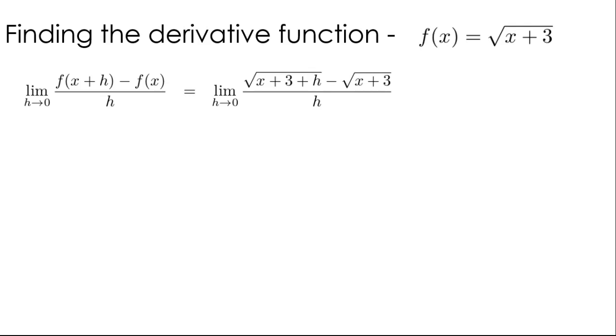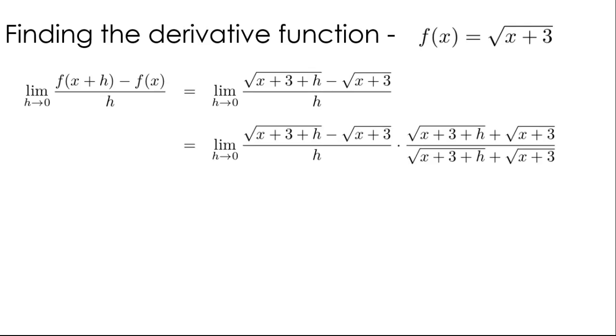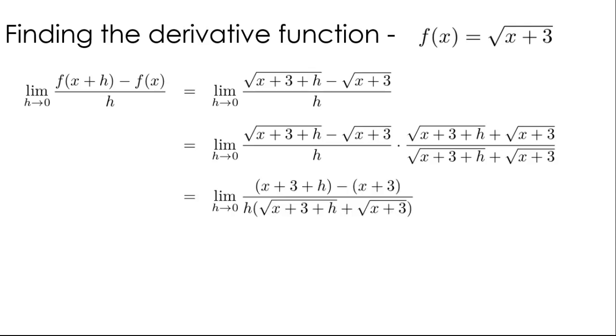I'm going to do this by multiplying by the so-called conjugate, the square root of all that plus the square root of x plus 3. So we multiply through the top, we'll have x plus 3 plus h minus quantity x plus 3. And on the bottom we just have a mess, and we're going to leave it there. We do not want to run that h through because we're going to cancel it in a minute.